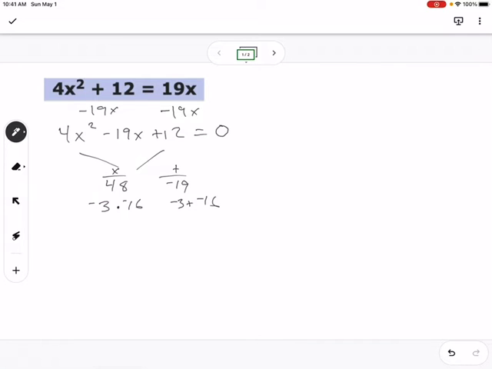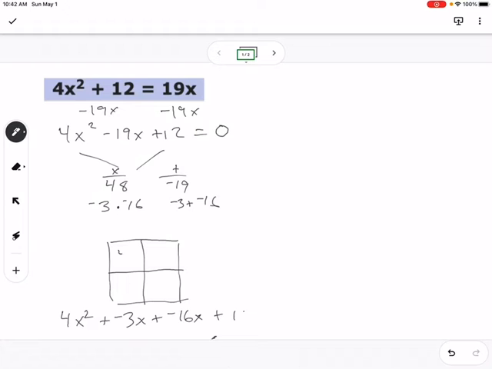We've identified the two numbers, and now the area model method, I think, actually makes this easier. You don't have to use this, but this is how I'm going to demonstrate it. So what we now have here is we can rewrite our trinomial into 4 terms. So we have our 4x squared, and then we take our negative 19x and we break it into negative 3x plus negative 16x and then plus 12.